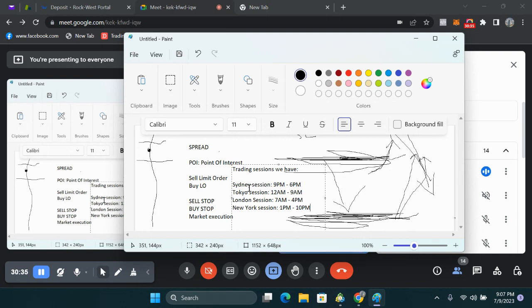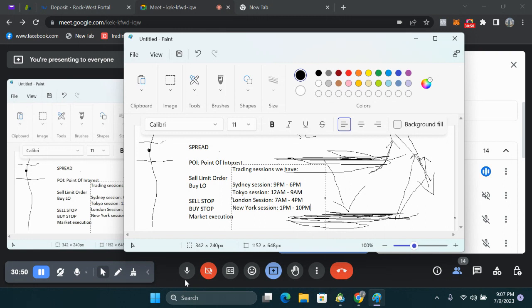The Sydney session is also known as the Asian session. So whenever you hear we are in the Asian session, they are talking of the Sydney session, and it opens from 9 p.m. to 6 a.m. You understand?